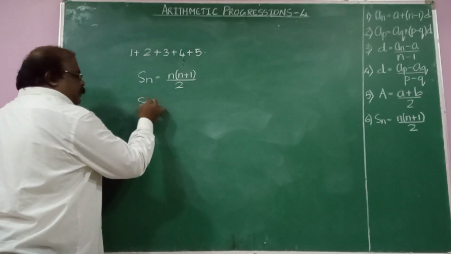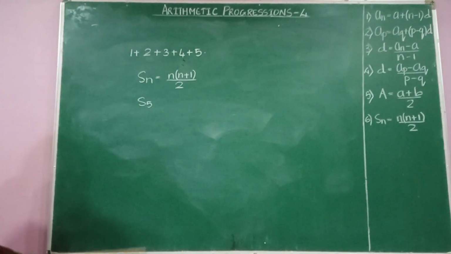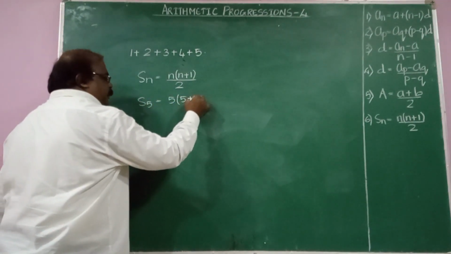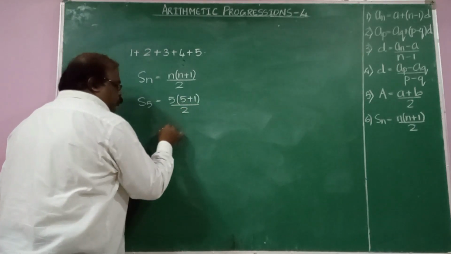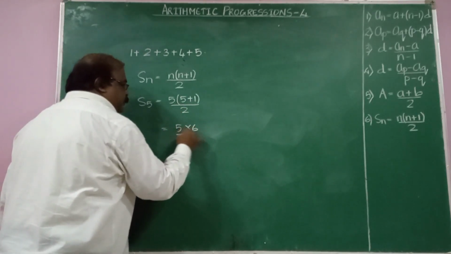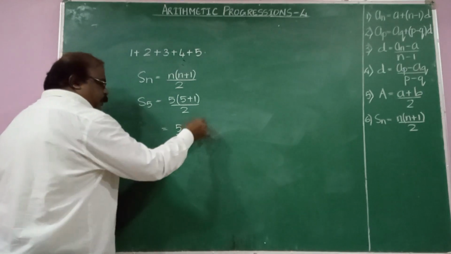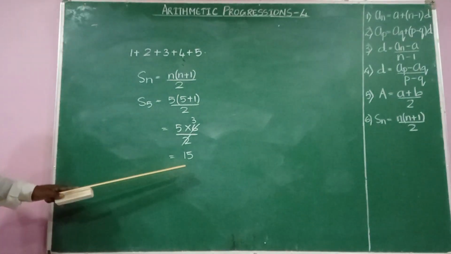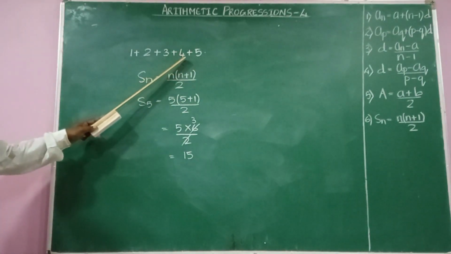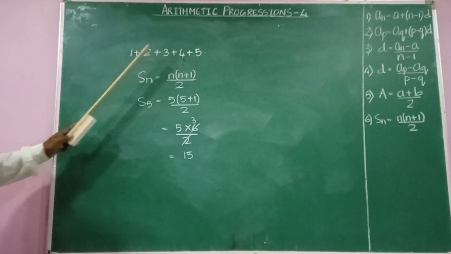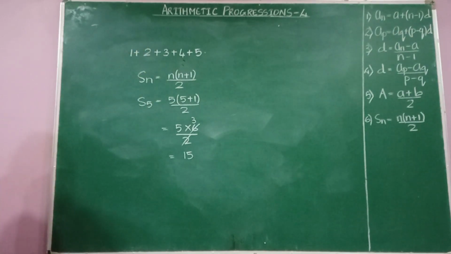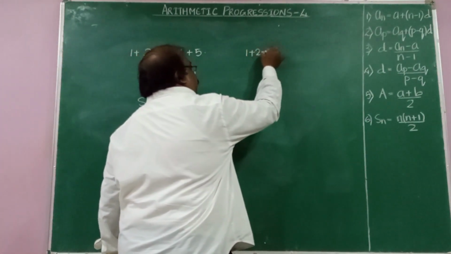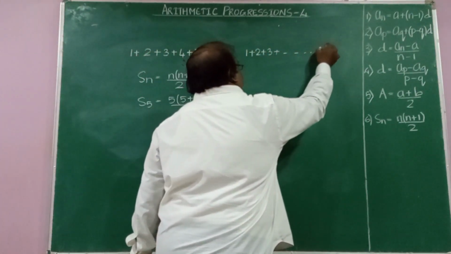If you are asked to find the sum of the first 5 natural numbers, n is 5. 5 into bracket 5 plus 1 upon 2. So you get 5 into 6 upon 2. 2 ones are 2, 2 threes are 6. Is my total 15? Check. 5 and 4, 9. 9 and 3, 12, 13, 14, 15. I asked you a short while ago, find the sum of the first 200 natural numbers.